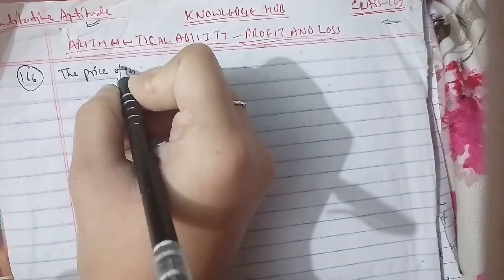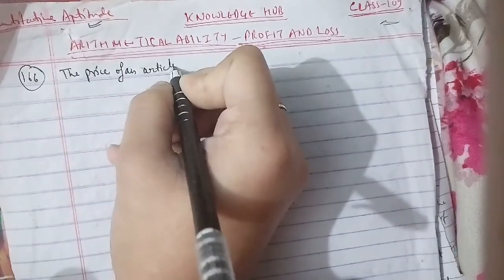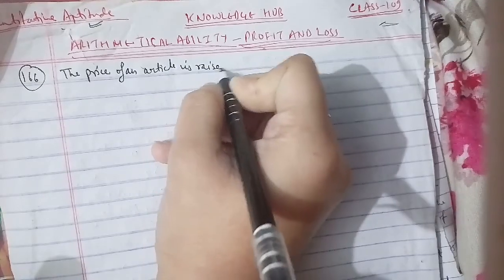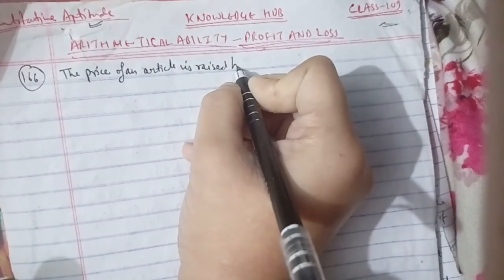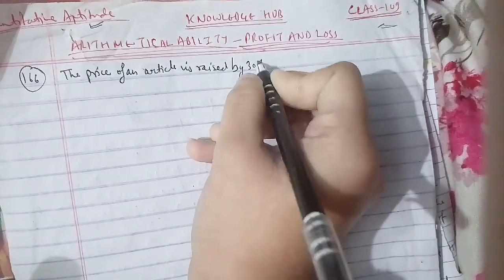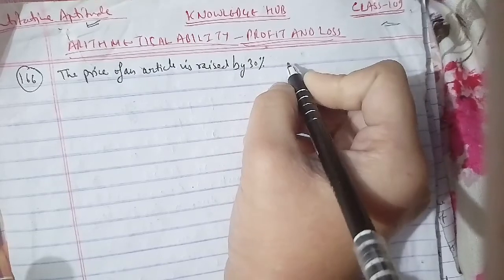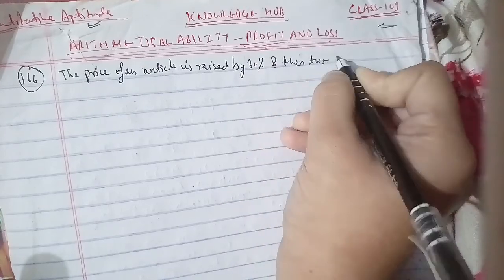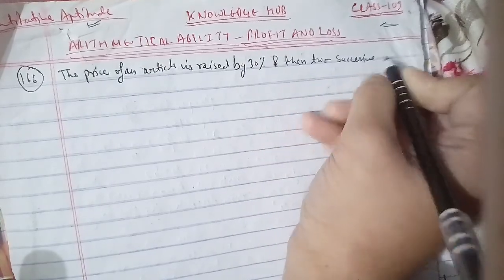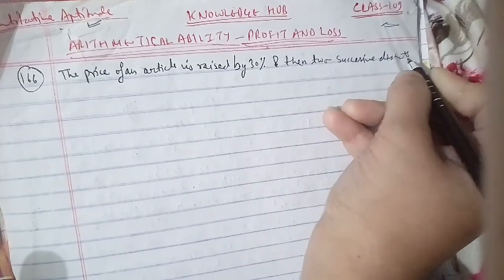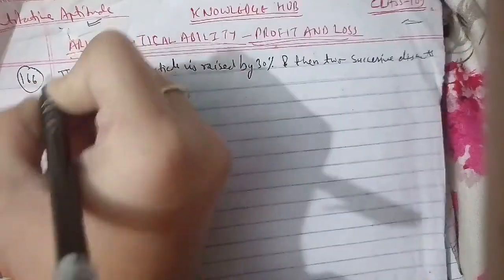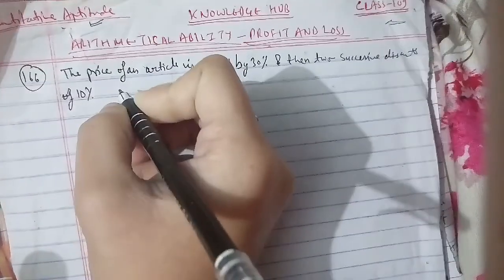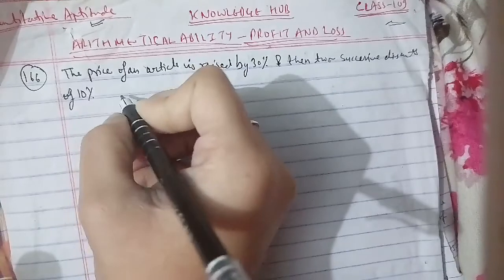The price of an article is raised by 30%, and then two successive discounts of 10% each are allowed.